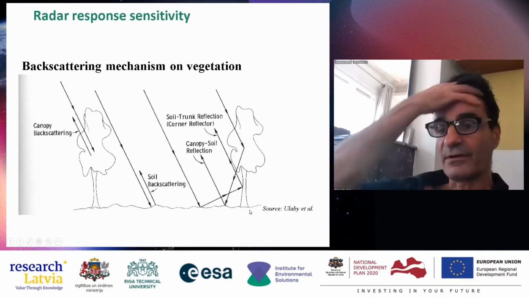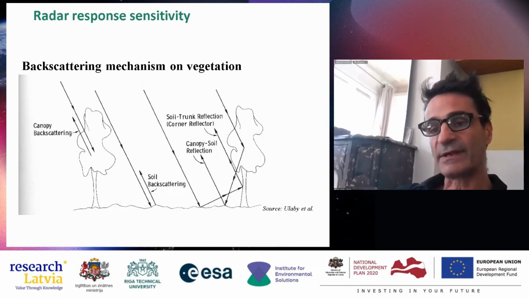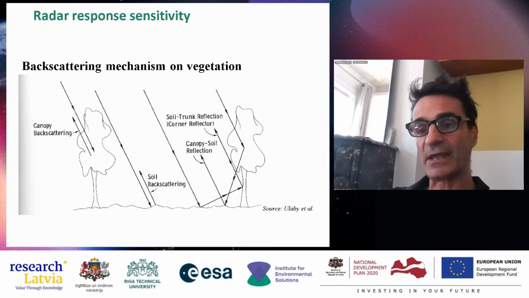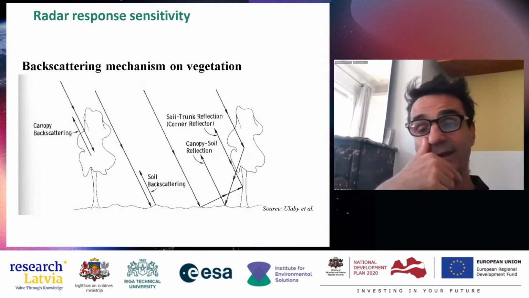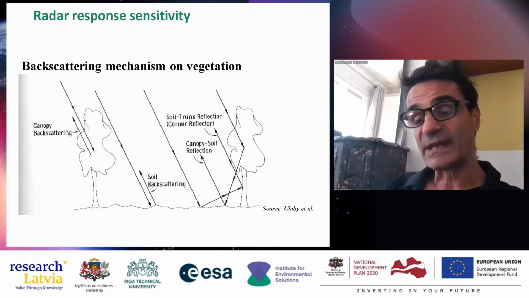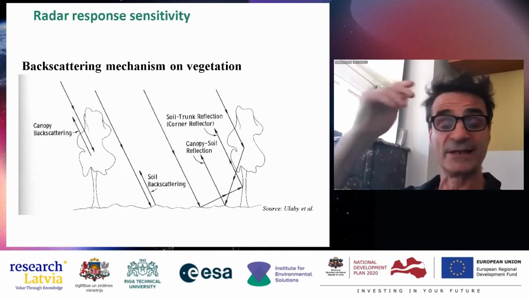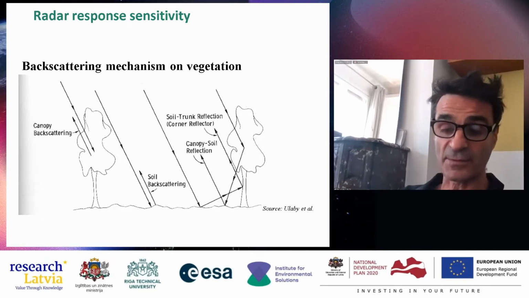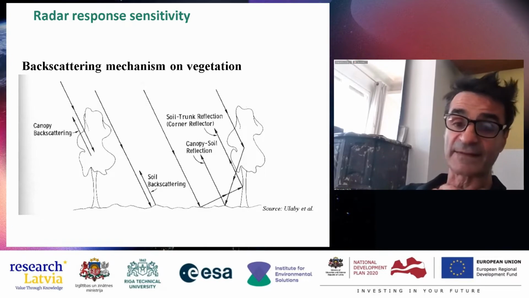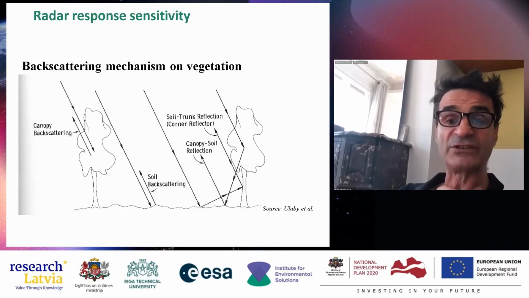You always have these three contributions merging together. Sometimes one is totally negligible, other times it is not, and so you always have to deal with these three interactions, and that is the reason why we use models to better understand the radar response over vegetation surfaces.